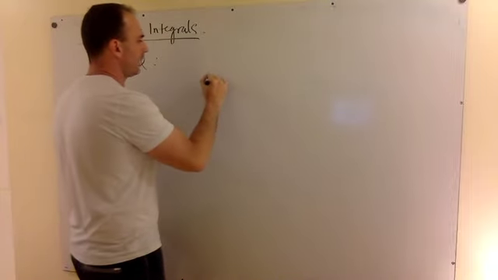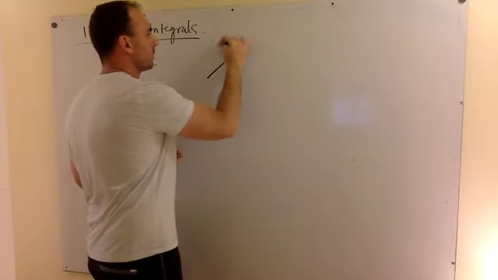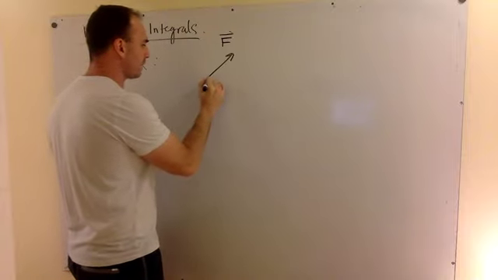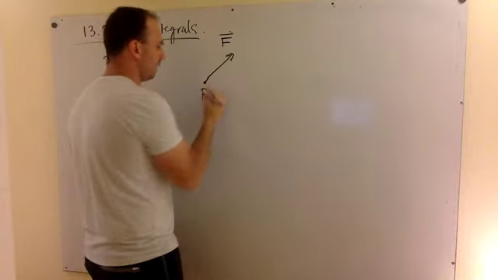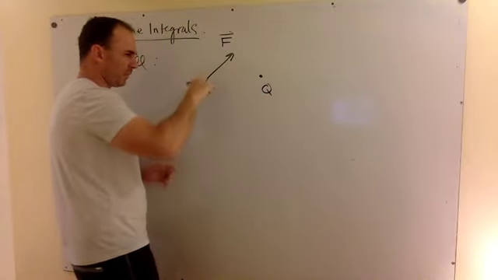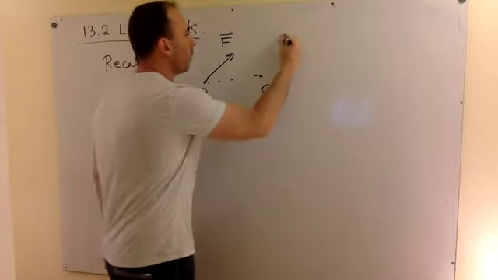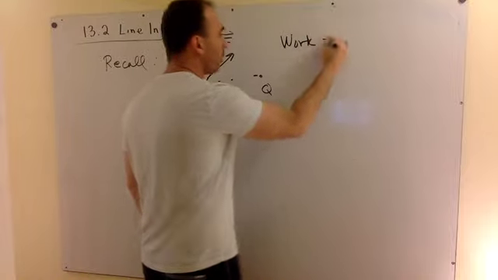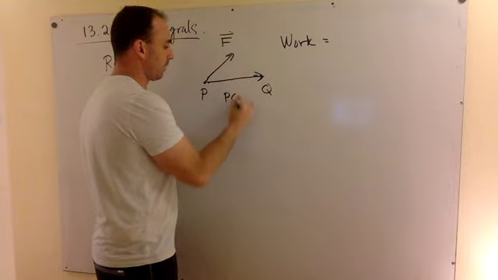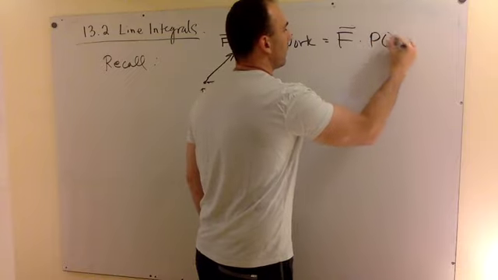If I take a constant force vector and apply it to an object at a point P, and I make it move that object to Q, then the work, the physical quantity of work done, is you make a vector PQ, and you do F dot that vector.